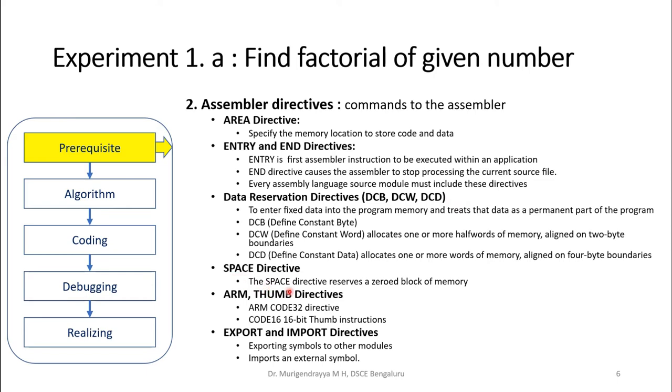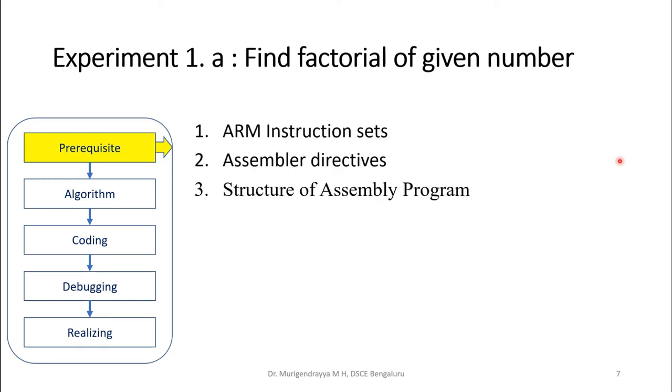The SPACE directive reserves a zeroed block of memory, and the THUMB directive is used when both ARM and Thumb instructions are used in the program. Export and import directives provide the binding between different modules. Knowledge of writing assembly programs is very important for this experiment.